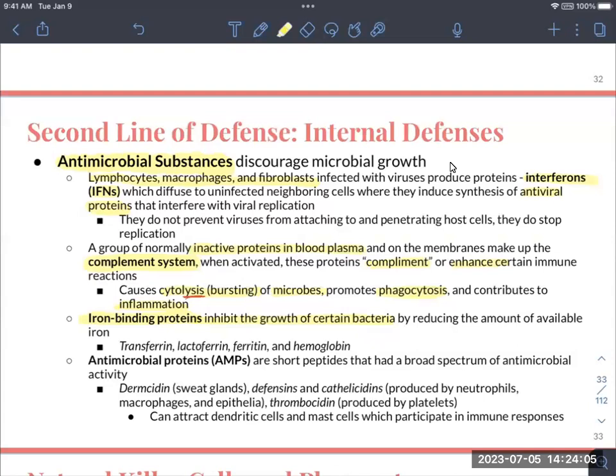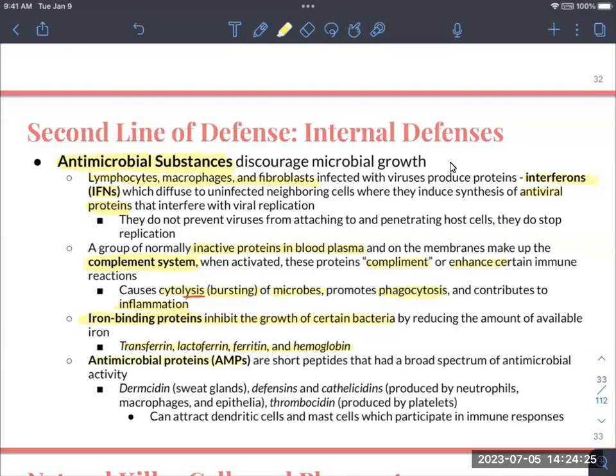So if we reduce that amount of iron available, then they can't use it. Transferrin, lactoferrin, ferritin, hemoglobin, we reduce the amount of available iron with these different proteins, and it prevents certain bacterial growth.